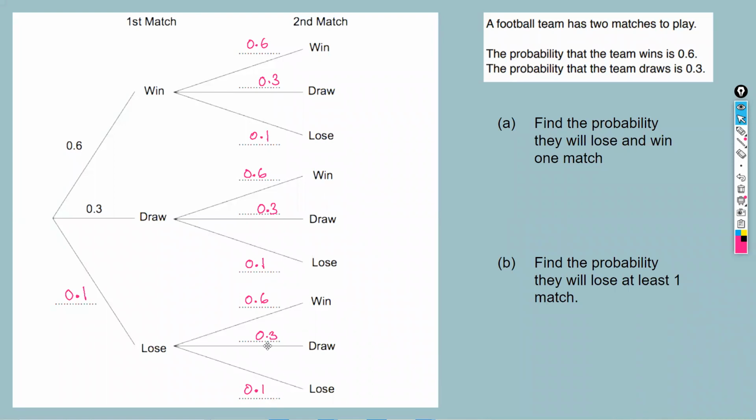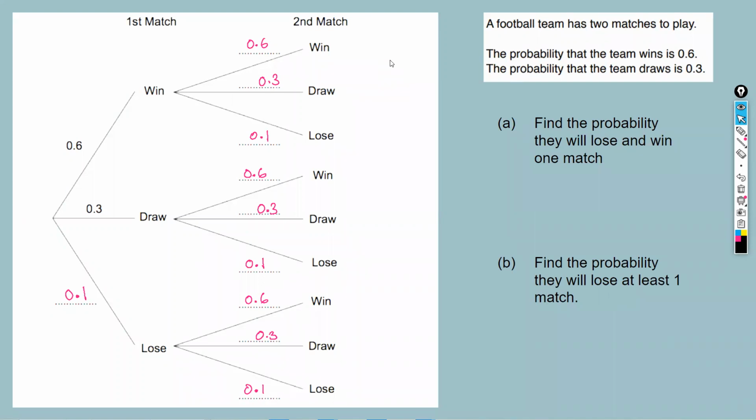All right, so let's see if we can answer the first question, part 1. Find the probability they will lose and win one match. Now, let's read this statement carefully. And this is where the tricks start with the grammar. So if I ask you, what's the probability that they will lose and win one match?